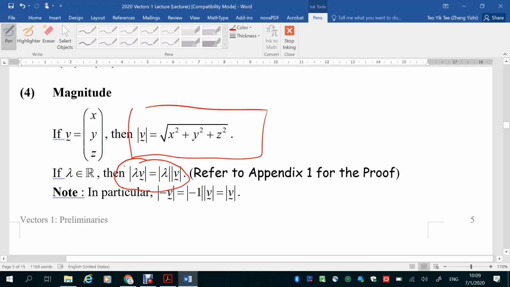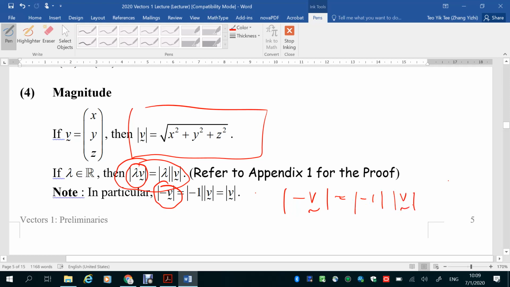I told you, you're going to get a question that doesn't have numbers. So, if I give you lambda v, take note. Lambda is subsumed in your magnitude symbol. The lambda can come out because it's a number. Okay? Then similarly, if I tell you negative v, the negative can come out. Okay, this one will be negative 1.